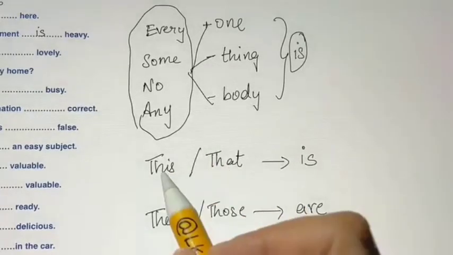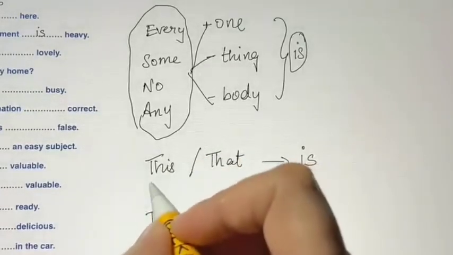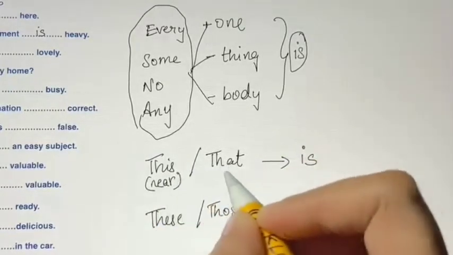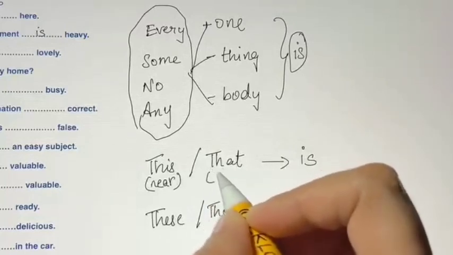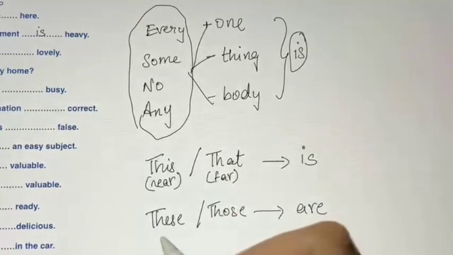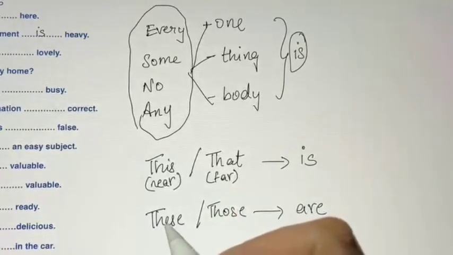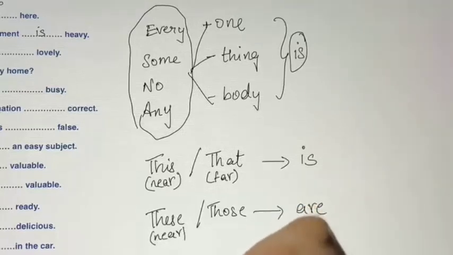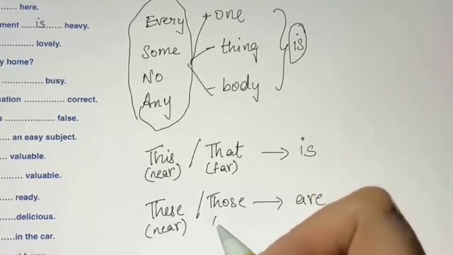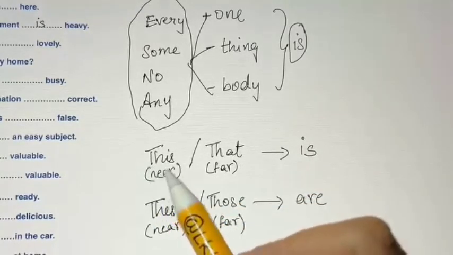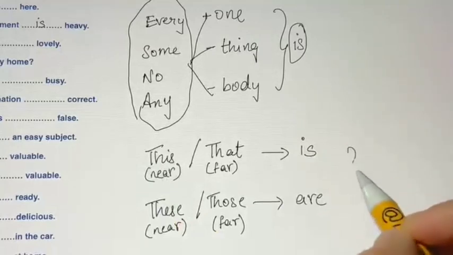Now there is one more difference, that this as a singular subject means something that is near to you, right? And that as a singular subject means something that is far from you, that is kept far. Now these as a plural subject means some things that are near to you, and those as a plural subject means some of the things that are kept far from you.